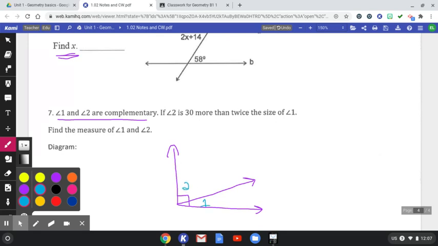If angle 2 is 30 more than twice the size of angle 1, if we're using x to represent angle 1, angle 2 is 30 more than, added, twice the measure of angle 1. So that would be represented by 2x plus 30. Simply goes in here.